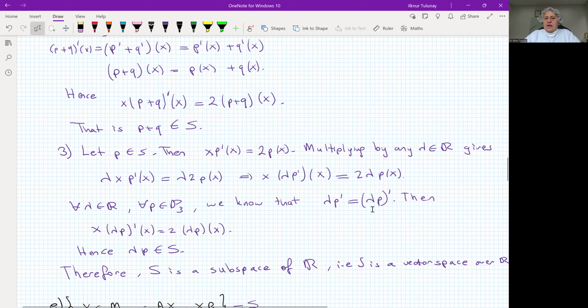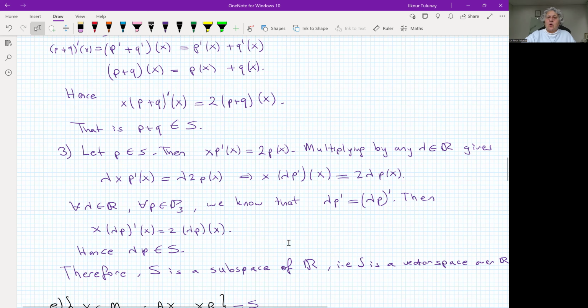And using this fact, now I can rewrite this equality saying that x lambda P'(x) equals 2 lambda P(x). Then, since this is x times the polynomial prime equals 2 times the polynomial, this is a polynomial inside S. So scalar multiplication is closed in the set S. S is closed under scalar multiplication.